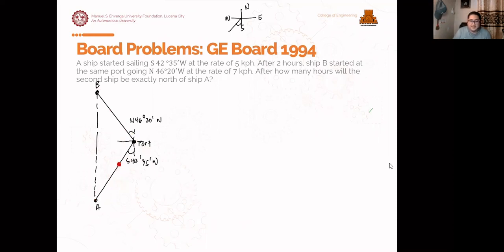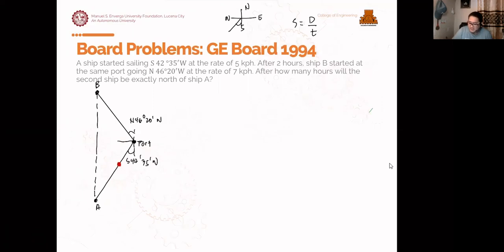Okay? Ang given sa atin is yung rate ng takbo nila. Okay? So, kailangan natin sa triangle is distance. So, anong pwedeng formula gamitin natin? So, ibig sabihin, pwede yung speed is equals to distance over time or rate is equals to distance over time. Okay?